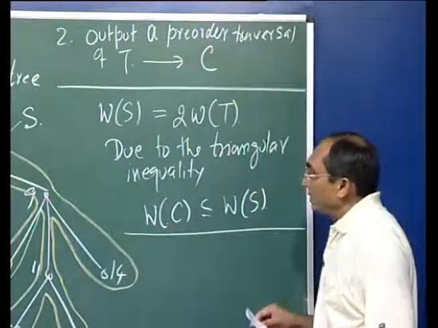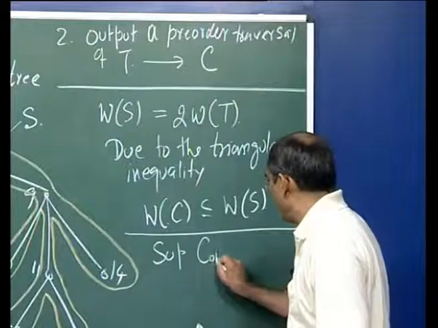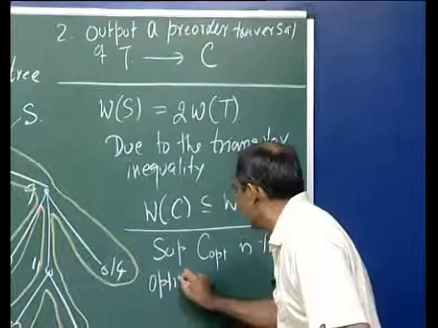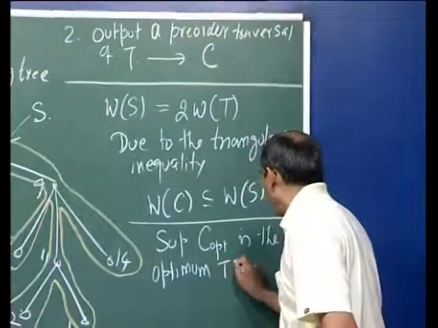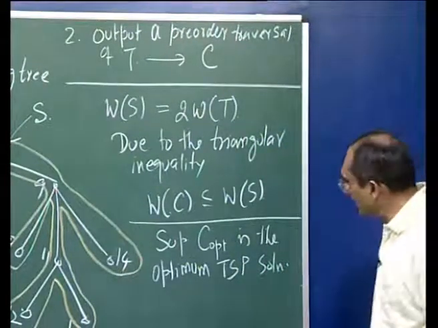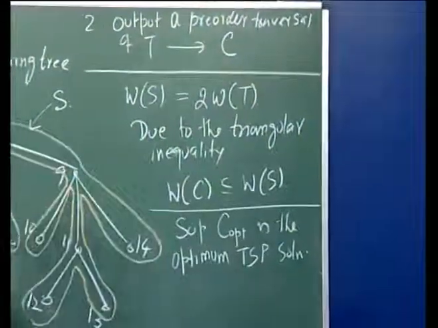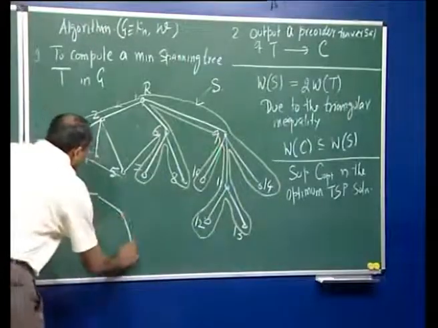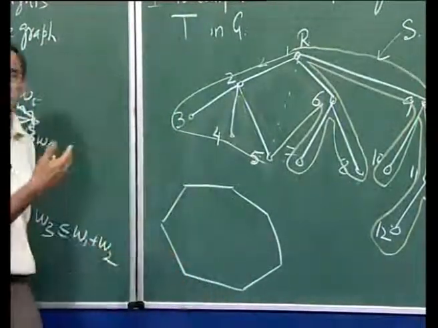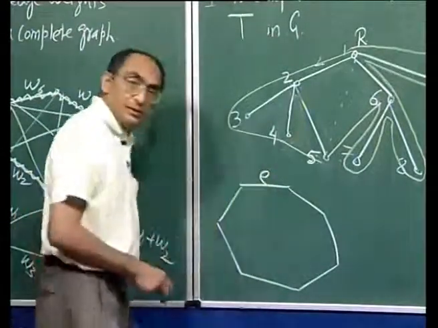Let us suppose C opt is the optimum cycle, optimum TSP solution. All right. Take this. So, this is some cycle which I cannot draw on this. I am just, for the sake of visualizing, thinking, let us say this is that C opt passing through every vertex. Pick any edge E and just delete it.